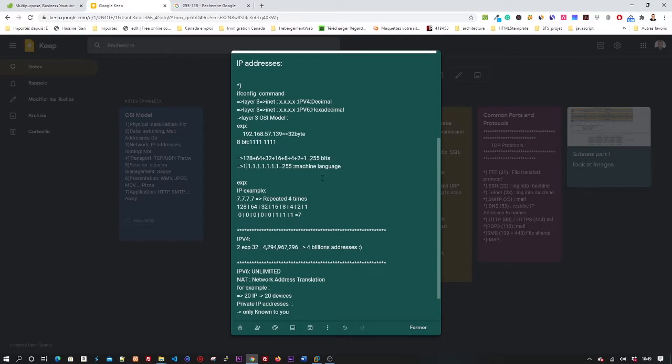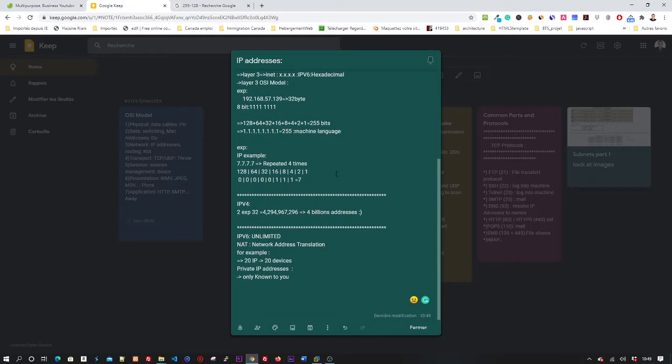This is in fact the machine language. The machine language, or the routers, or the devices, are not dealing with our language, they are dealing with 1 and 0, always. Now we'll make some examples to explain it more.